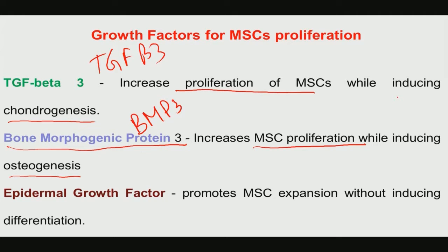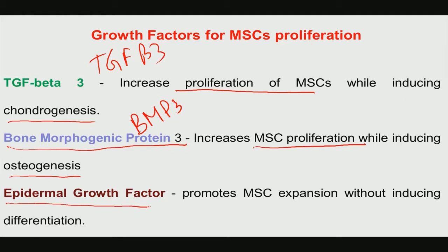So, if more MSCs are committed towards chondrogenesis, it helps to finally form cartilage tissue. The same is true for BMP 3, because it instructs MSC proliferation while inducing osteogenesis, when forming bone tissue.